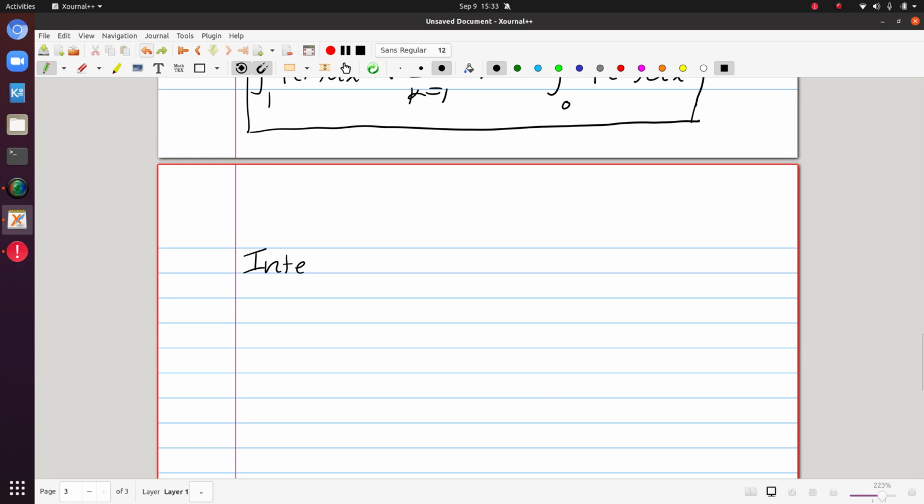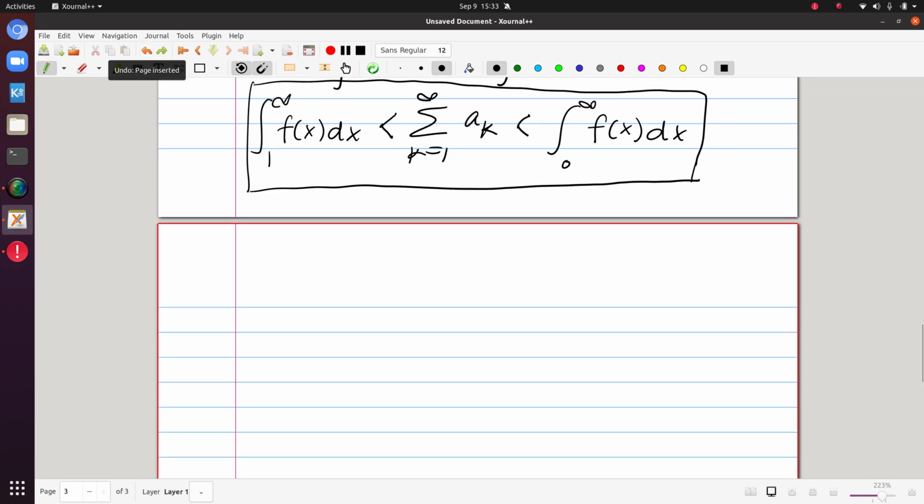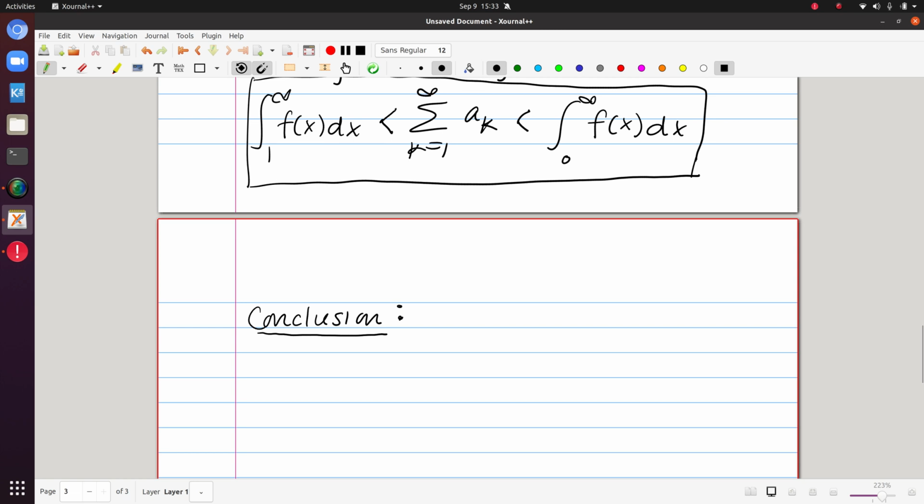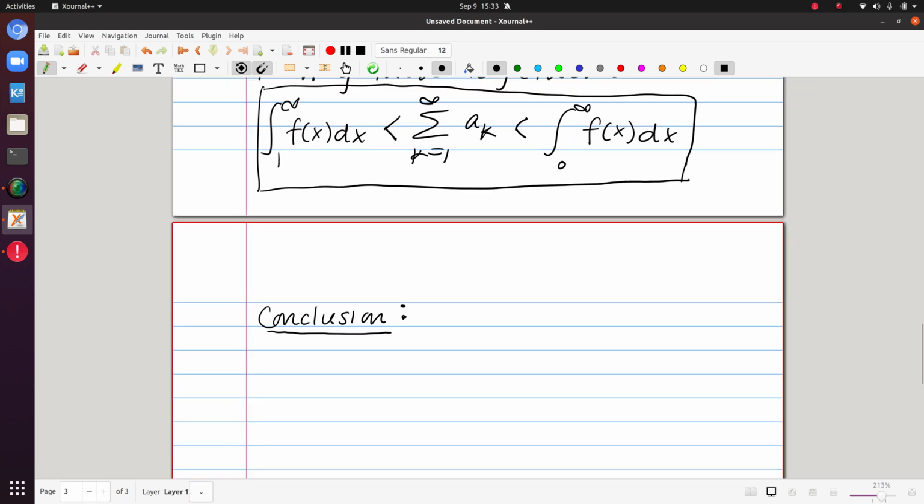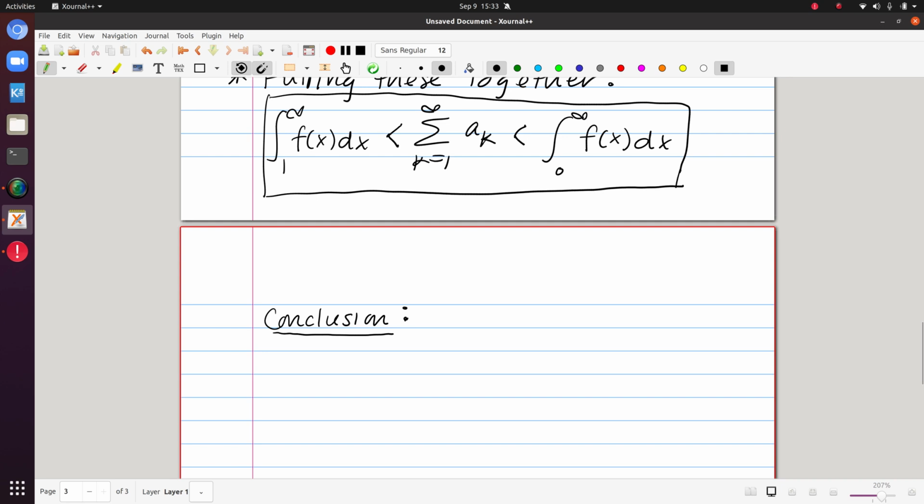Before stating this, I'll take a moment here to consider this boxed expression. So what can we conclude specifically about the series based off of what I've boxed above? Keep in mind our context is we're trying to determine if our series converges or diverges, and we're hoping that we have information about the integral of f of x that we can take advantage of. So to start with, this is going to seem similar to the comparison theorem for integrals, but I want to take advantage of whether or not knowing these integrals converge can affect the sum here.